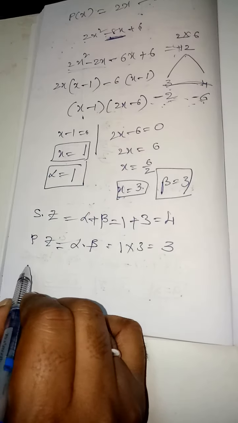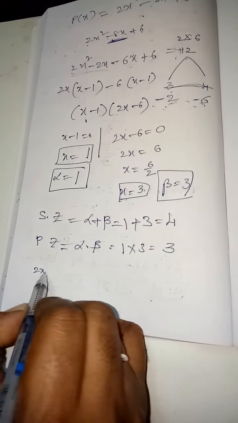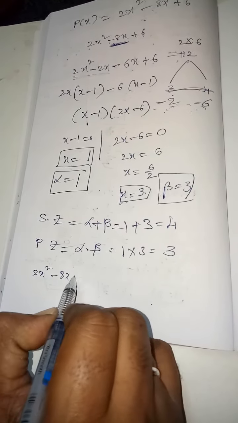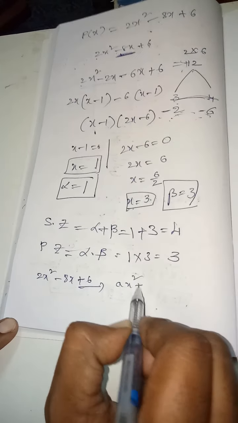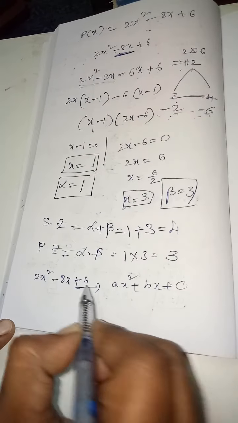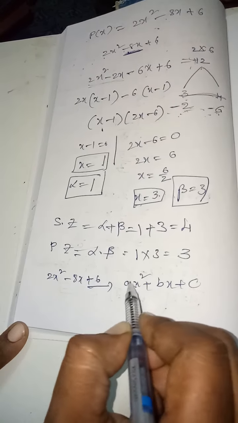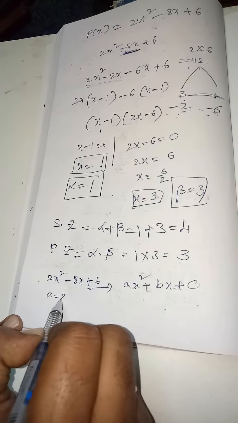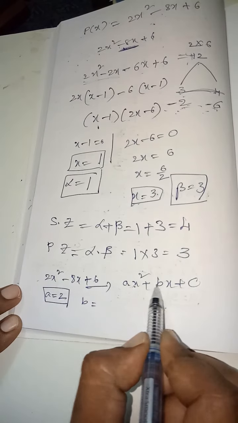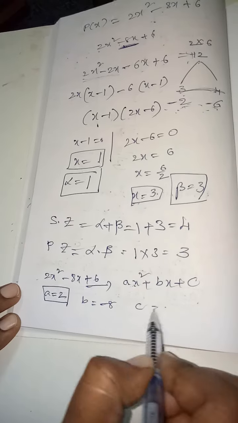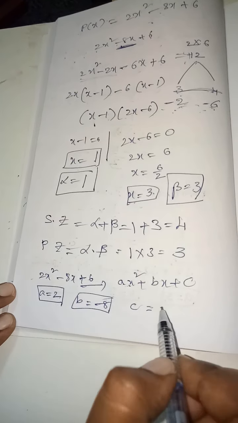Now, take the given example, 2x square minus 8x plus 6. We have to compare it with the general form ax square plus bx plus c. Just compare it. The x square coefficient is 2, so a is equal to 2, b is equal to minus 8 and c is equal to 6.